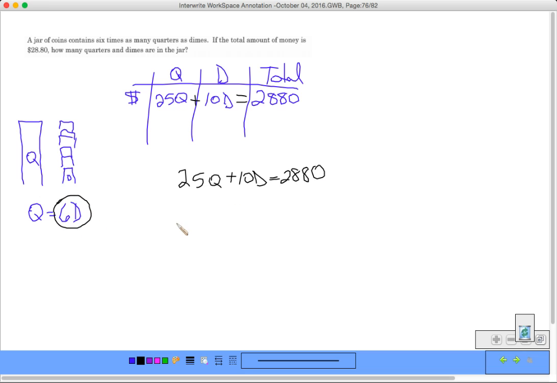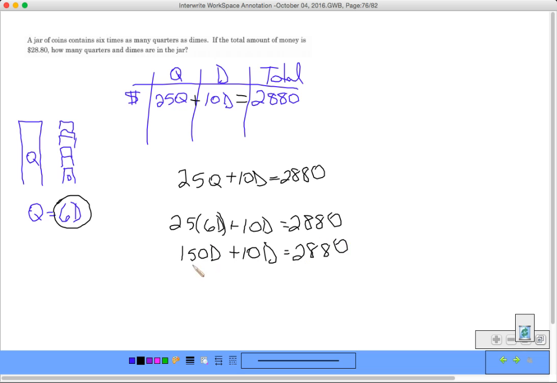We're going to plug that in for Q, which gives us 25 times 6D plus 10D equals 2,880. Multiply here, and I'll get 150 plus 10D equals 2,880. Combine like terms, I get 160D equals 2,880.